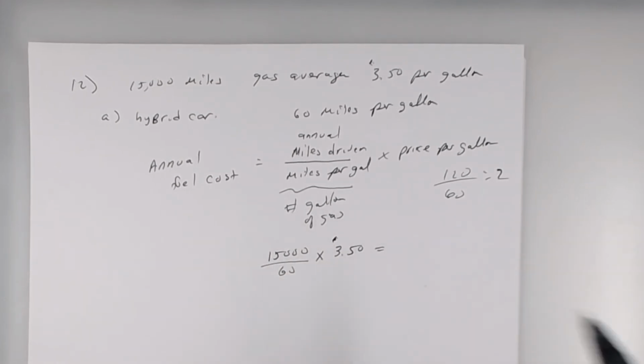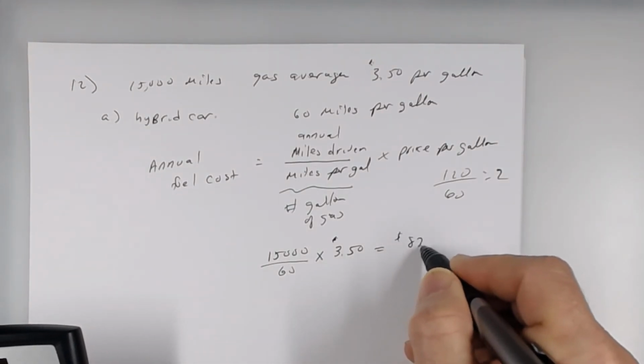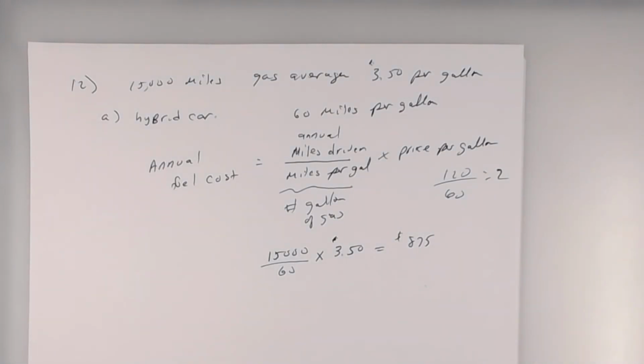And so what's the total cost? Make sure you're all getting that. 15,000 divided by 60 times 3.5 is $875. So $875 to drive this hybrid car in one year's time. That's the fuel cost.